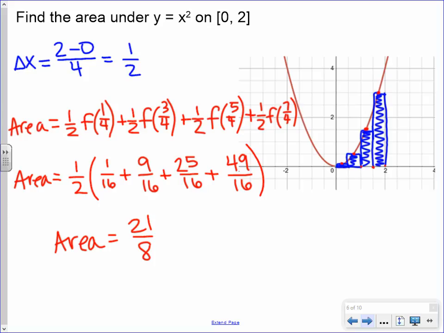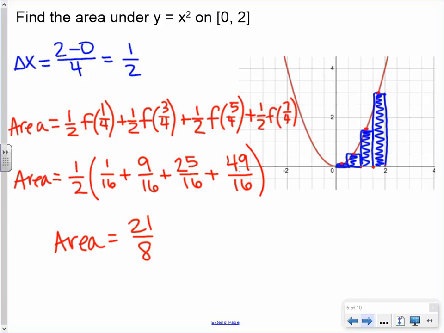This one was nice enough that I'll accept decimal answers, but the way that I wrote it up there, fractions. Now, do not lose this foldable because that fourth foldable piece we're going to complete tomorrow.